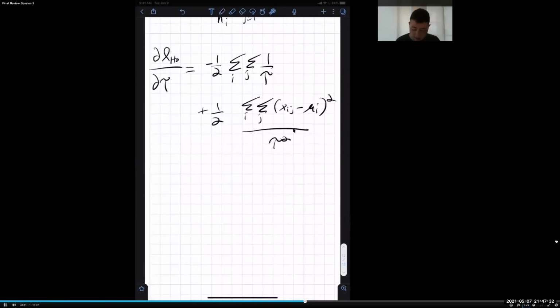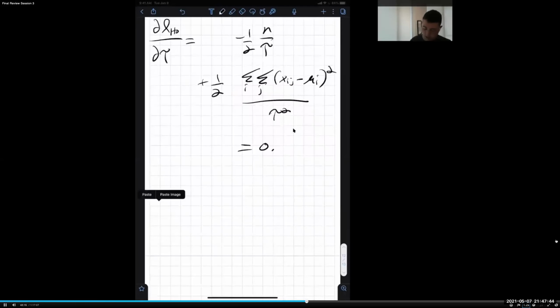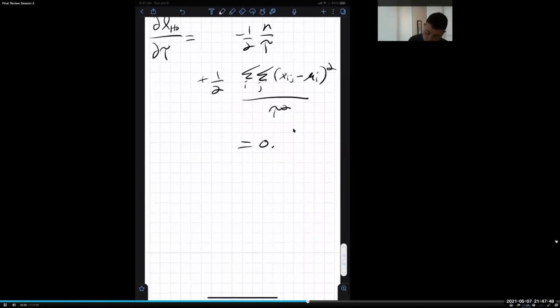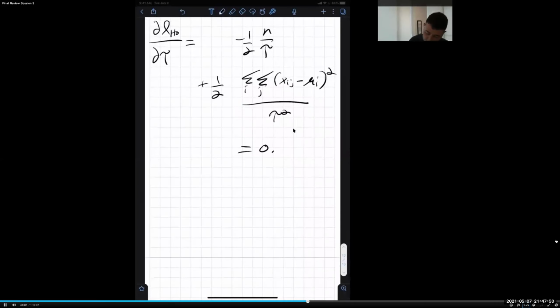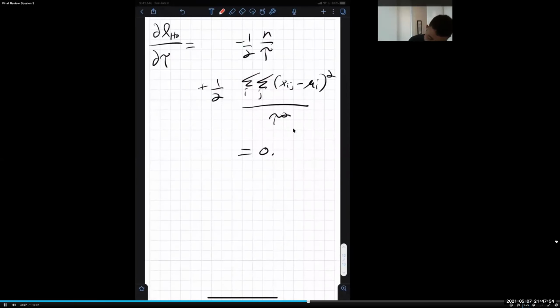And now the sum over the i's and the sum over the j's all together make the group sample size, which in this case is just n. So I'm just going to write this as n over tau. And again, we need this to be equal to 0 to maximize it. And so what's going to cancel here is this tau, this 2 here, and one of these taus here.